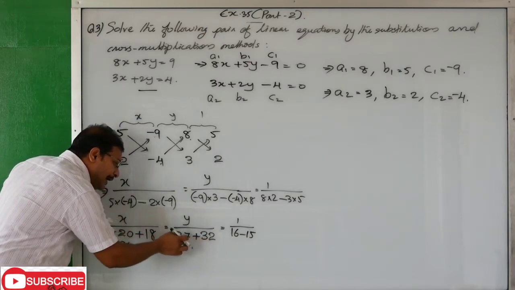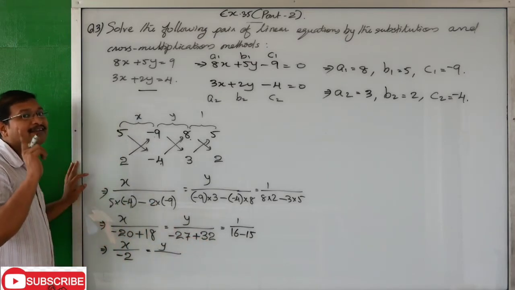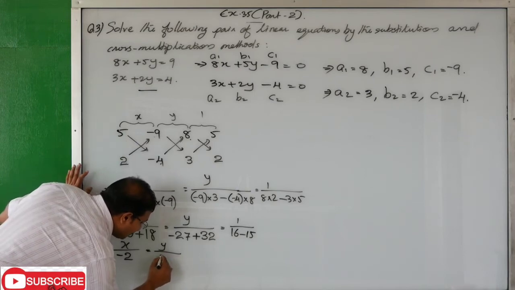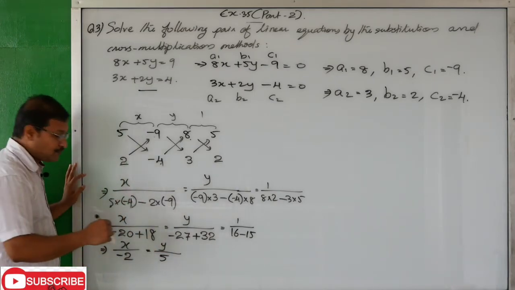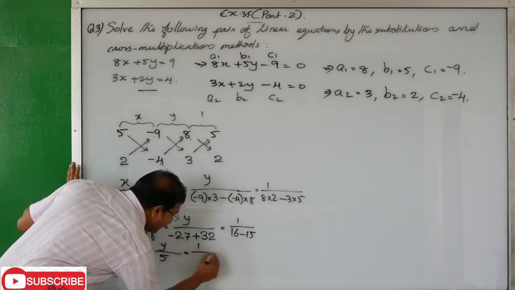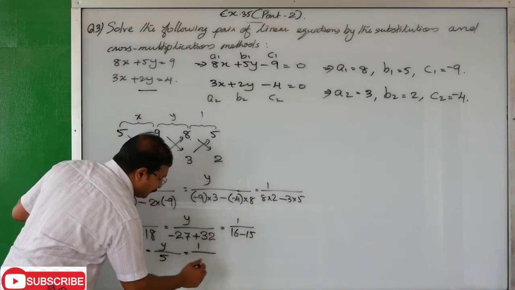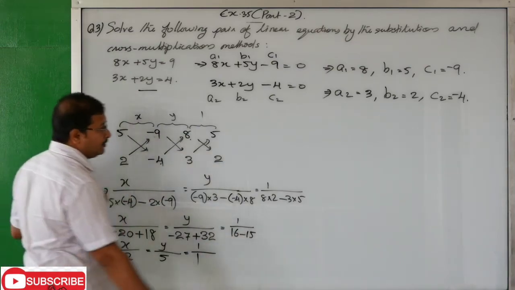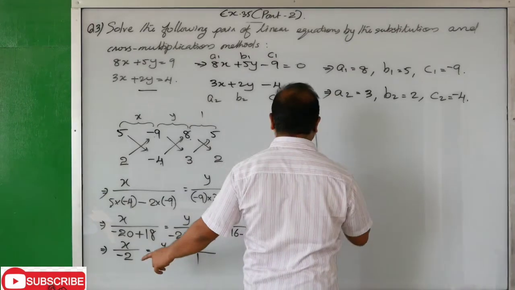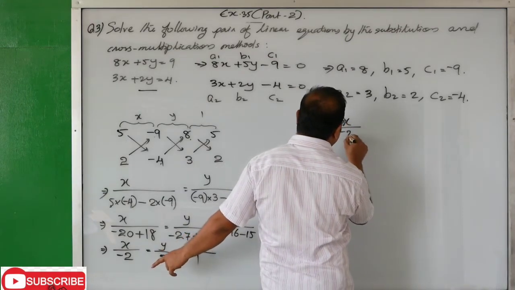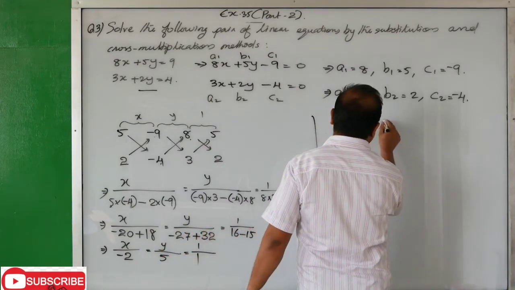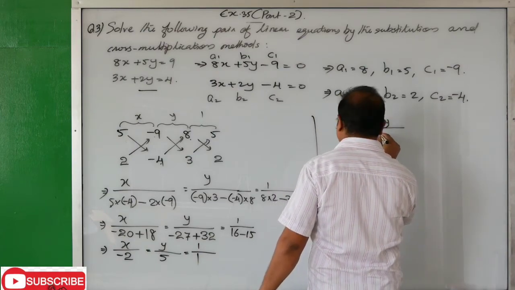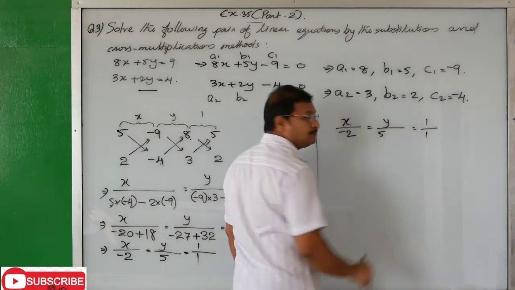So 32 minus 27 will get 5. That means the bigger number is plus. So the answer is plus 5 equals 1 divided by 16 minus 15, 1. Okay. So we got it now. x by minus 2 equals y by 5 equals 1 by 1.